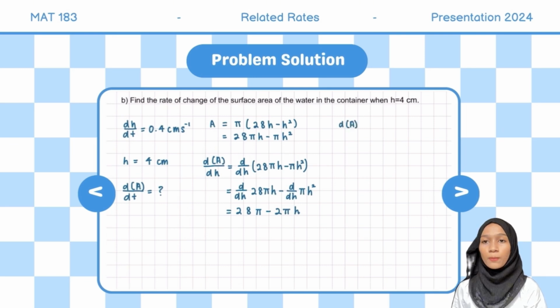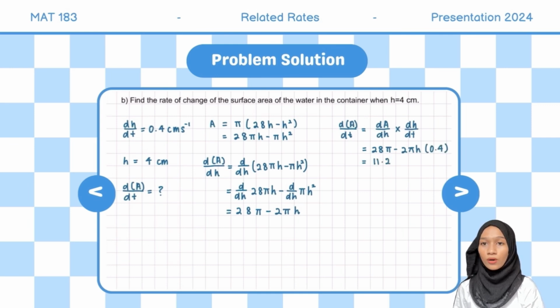After that, we apply the chain rule formula, which is dA over dt equals dA over dh times dh over dt. We substitute dA over dh with 28 pi minus 2 pi h and dh over dt with 0.4. We expand the formula and we get 11.2 pi minus 0.8 pi h.